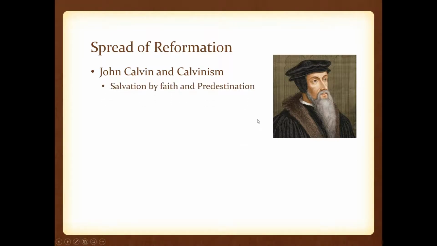And one of the things that separates Calvin from Martin Luther is the idea of salvation by faith. Calvin has a bone to pick with this idea, because John Calvin believes in predestination, believes that God's will is so unknowable that God has even predestined us to heaven or hell before we were even born.